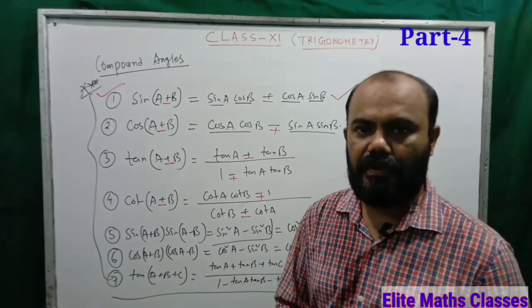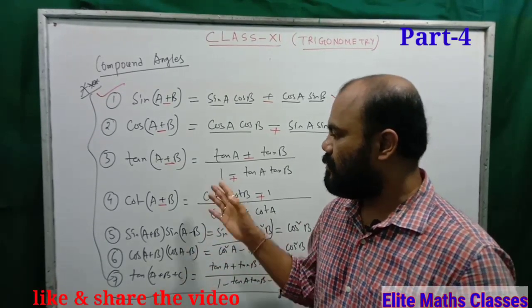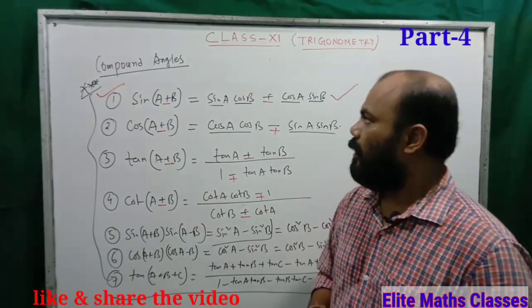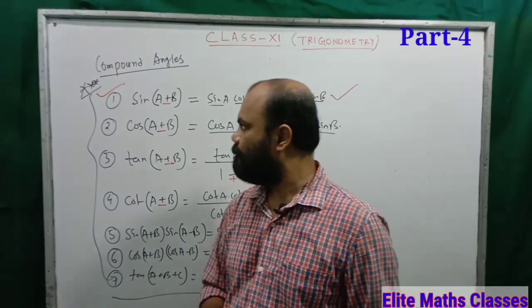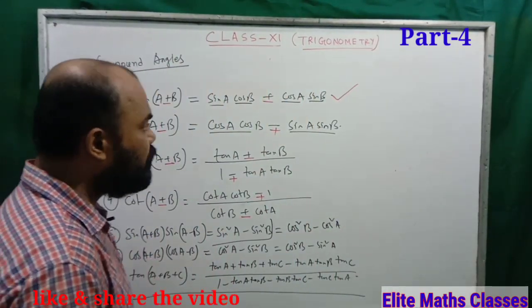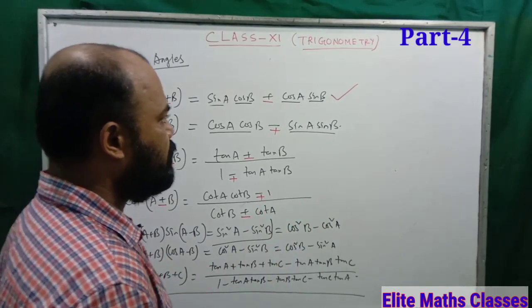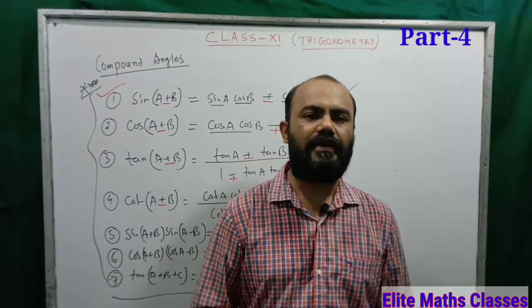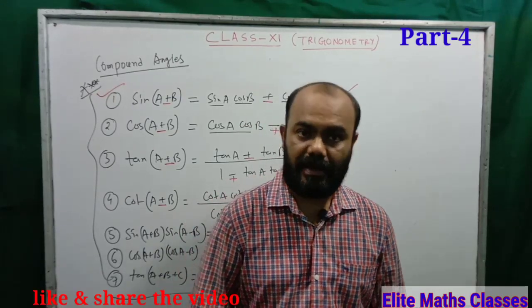In the next video I will show you some examples of these formulas of compound angles, that is we will do some problems by which you will get some new standard angles. Till now we have the standard angles 0, 30, 45, 60 and 90.